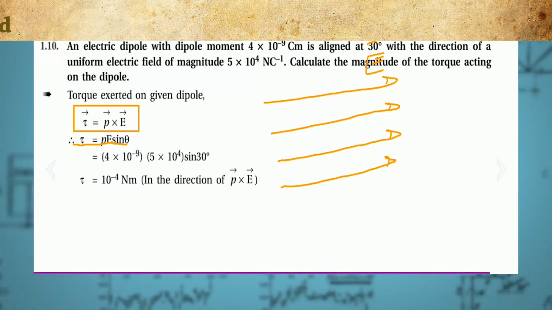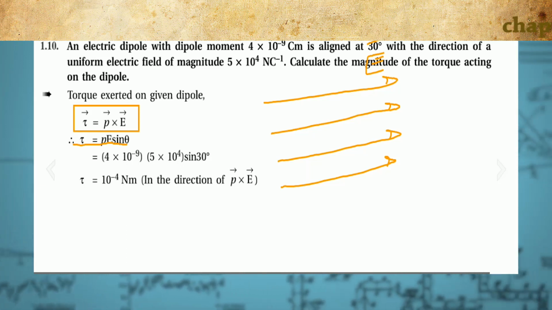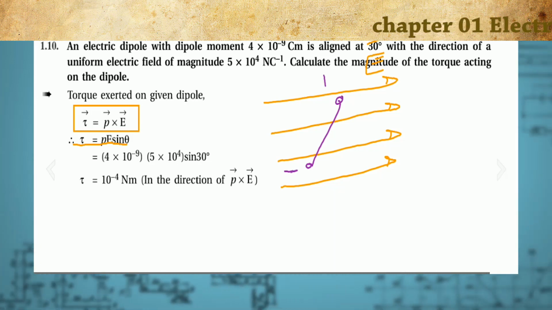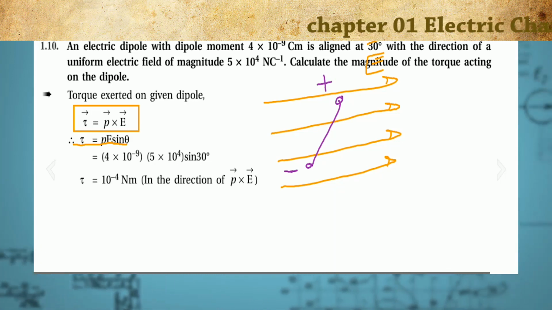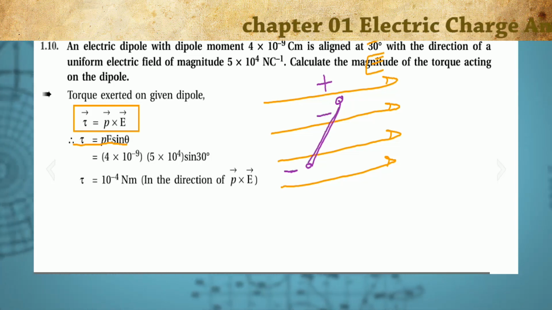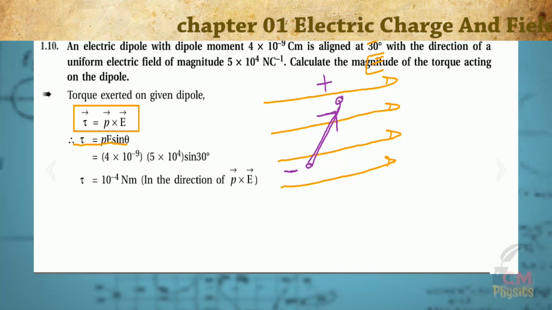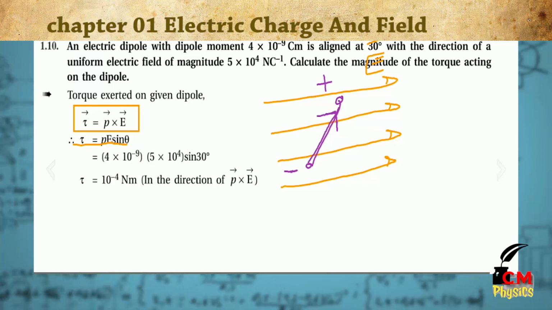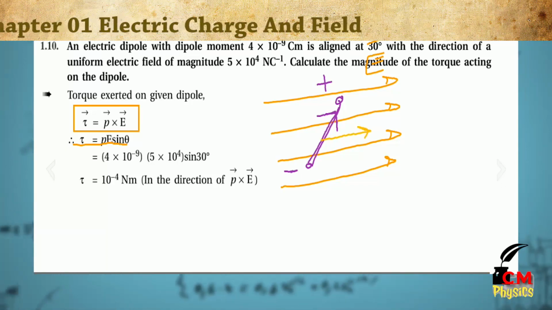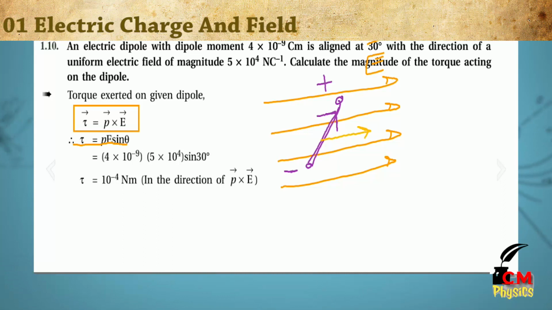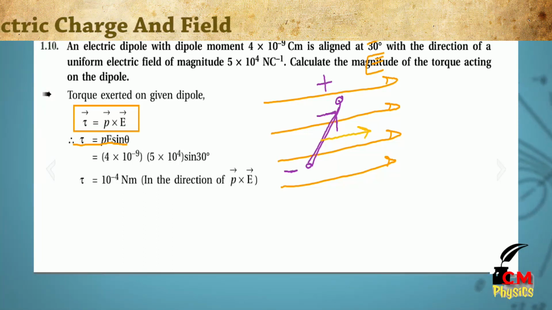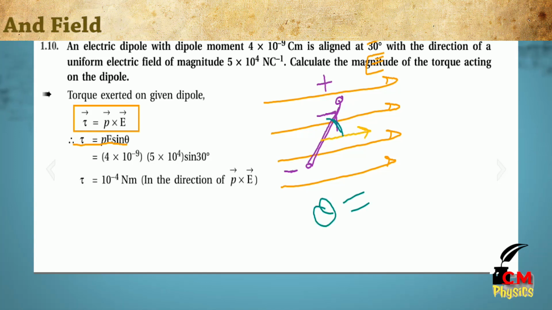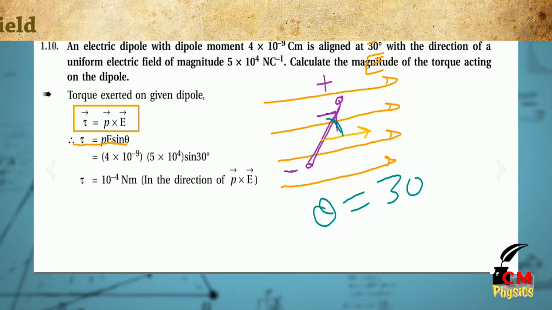Now the dipole is placed within an electric field like that. Here is the negative charge and here is the positive charge. The direction of the dipole is negative to positive, that is the direction of P, and the direction of the electric field is in this direction. Then obviously the angle between them is given to you: theta is equal to 30 degree.